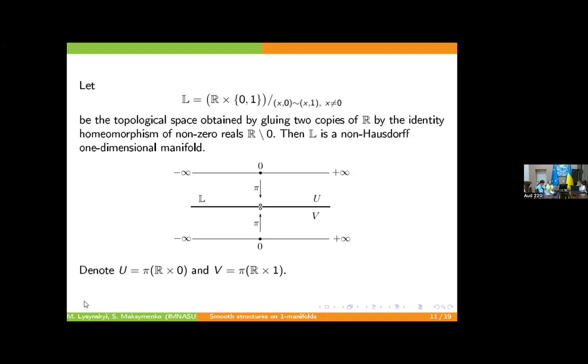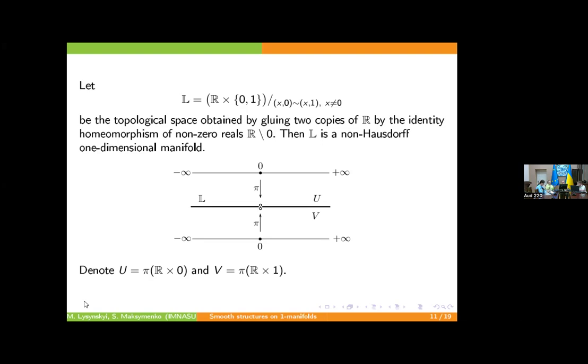Now the letter L, the line with two origins, is glued in a similar way. So we take two copies of a real line. Now we remove one point, just the origin, and glue two copies of R by the identity homeomorphism of the complement, so of non-zero reals.